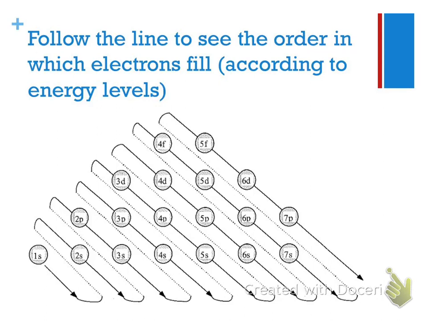What would we fill next? What do you think we would fill next as we're filling in our electrons? 2p, right? And we follow our line, and that's what we get, the 2p orbitals. Next, we would go to 3s, and then we just move right across our periodic table to 3p.